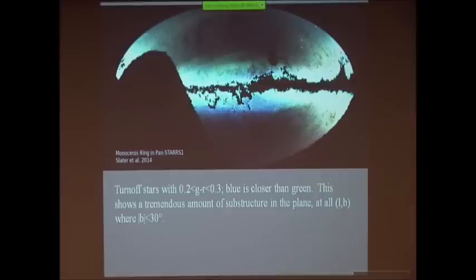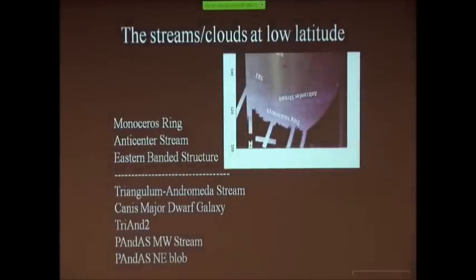And one of the things that you should really see here is there's a lot of filamentary, wispy stuff going on near the plane. Exactly what it means I can't tell from this picture, but there's a lot going on. And it goes all the way through the plane, and it's pretty much everywhere in that direction.